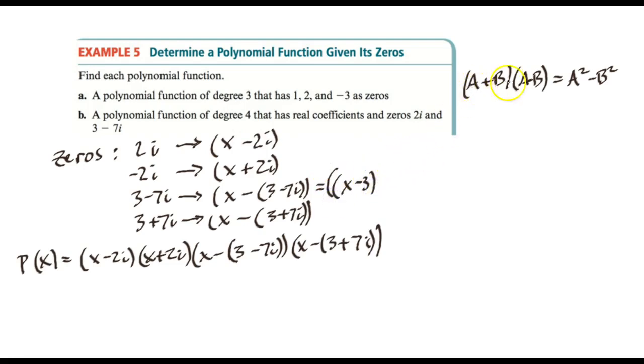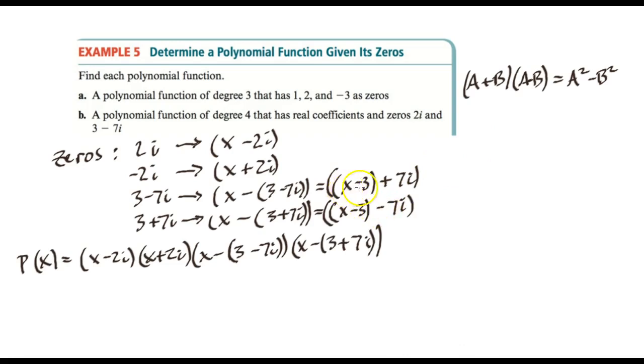That's like our a in this case. And then we're going to distribute the negative through, and that'll be plus 7i. And then we're going to do the same thing with this one: x minus 3, and then we distribute the negative through here, and that will be minus 7i.